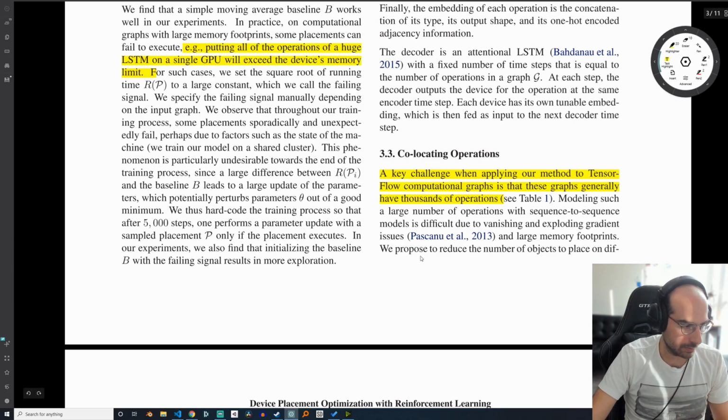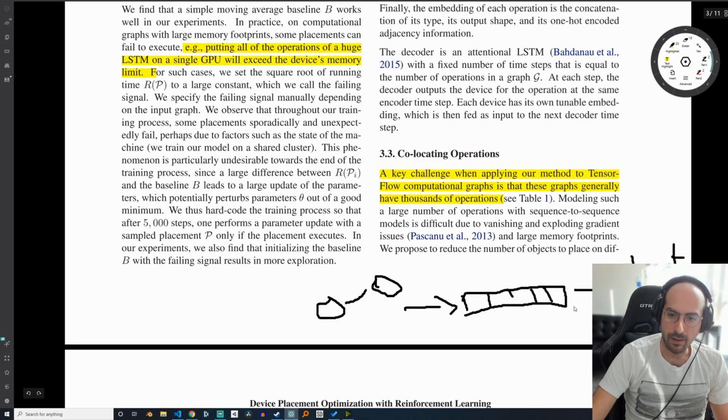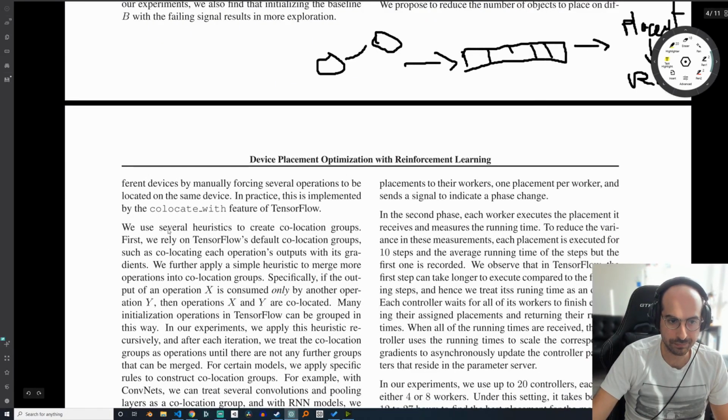I think what they do is they take the computational graph and feed this to a sequence-to-sequence model, and then they get back a placement, which they can fix the signal for using reinforcement learning. I think this is what the full pipeline looks like, but let's confirm and read a bit more.